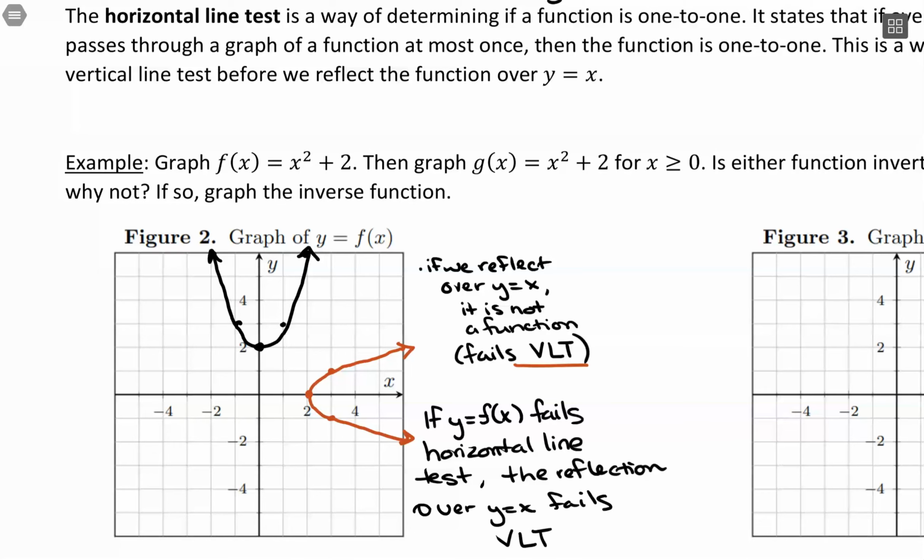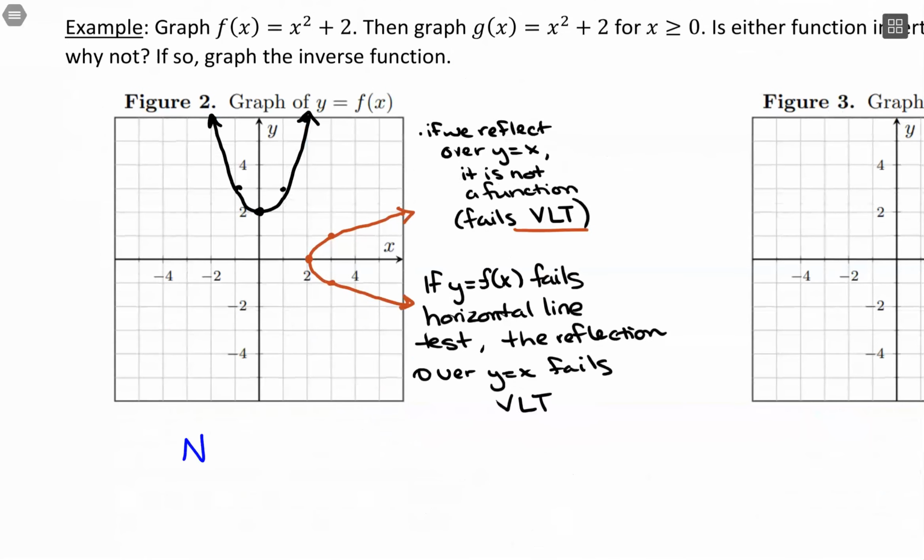So it's a way of checking before the reflection, just looking at that horizontal line test. As soon as we check that, we can say it's not invertible, we can't do anything with it. So with this one, this is not invertible.